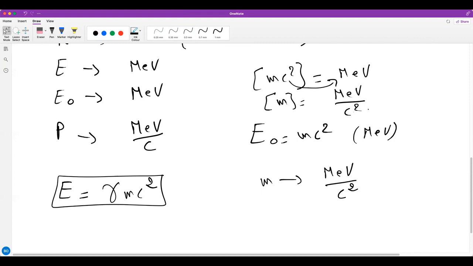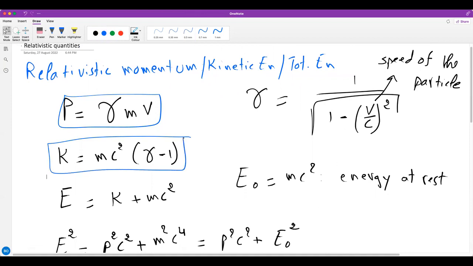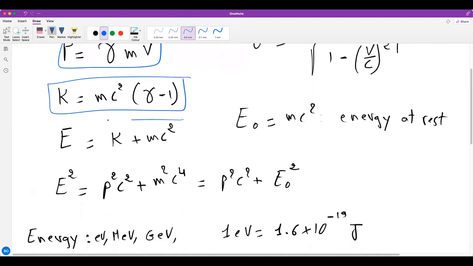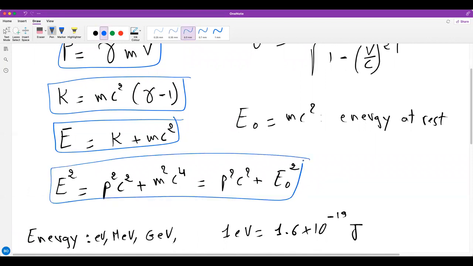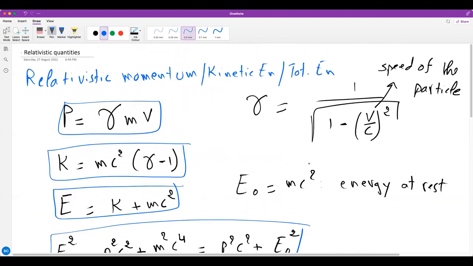So just to summarize, we have those 5 equations: equation number 1 for the momentum, equation number 2 for the kinetic energy, and equations number 3, 4, and 5 for the total energy, in addition to the fact that the energy at rest is mc squared.